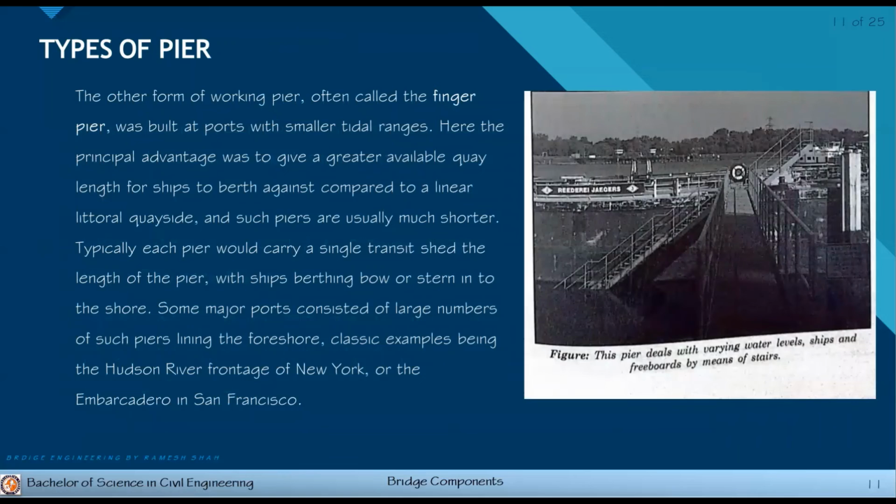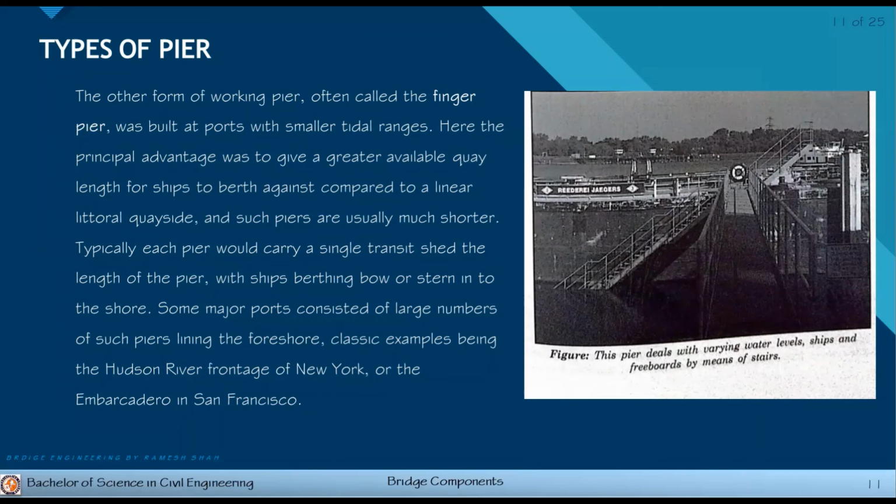The other form of working piers is often called finger pier, as built at ports with smaller tidal ranges. Here, the principal advantage was to give a greater available keel length for ships to berth against compared to linear littoral quayside. Such piers are usually much shorter. Typically, each pier would carry a single transit shed, the length of the pier, with ships berthing bow or stern into the shore.